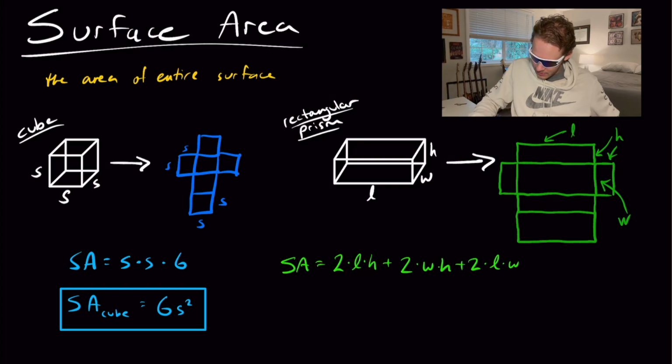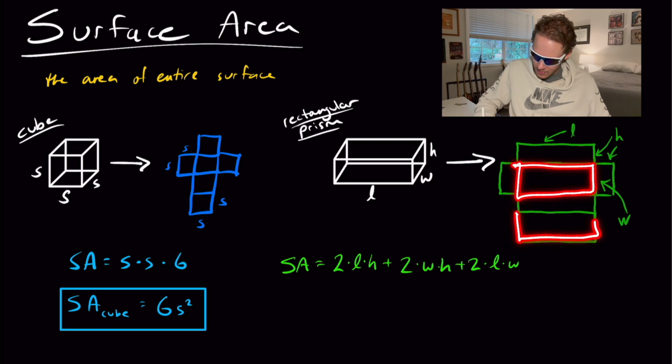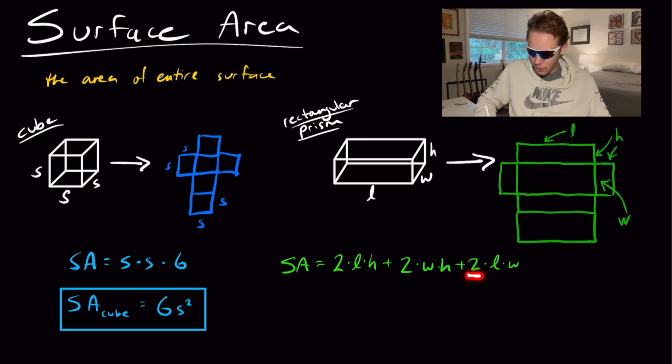Width times height, that's going to be this guy over here and this guy over here. So W times H will give me 1, but I want 2 of them because there are 2 of them. And then same thing with the length times the width. That's going to be here, the bottom of the box, and then the top of the box. So I've got 2 length times width rectangles.